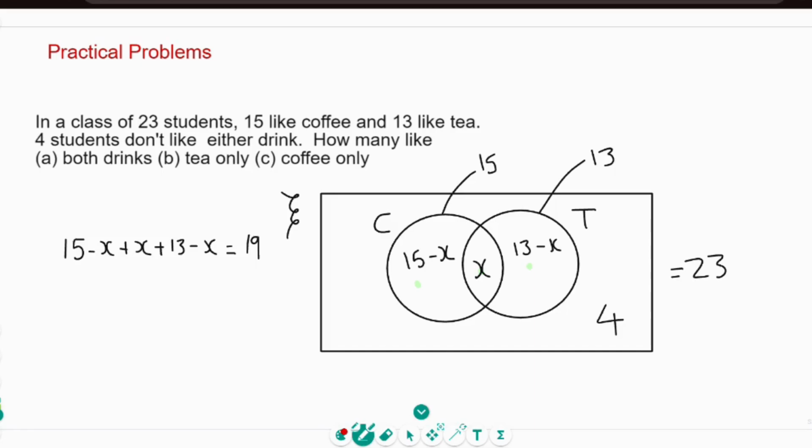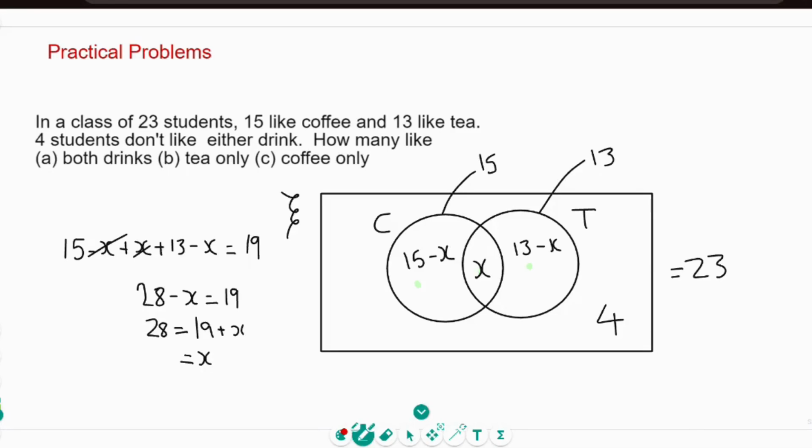So, collect our x's. Minus x plus x is 0. 15 add 13 is 28. 28 minus x equals 19. I'm going to add x to both sides to make it positive. You could do this in a variety of different ways. This is how I'm going to choose to do it.